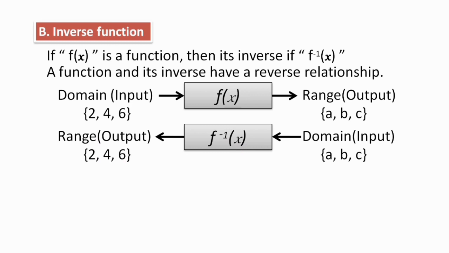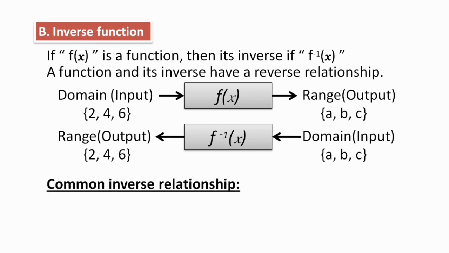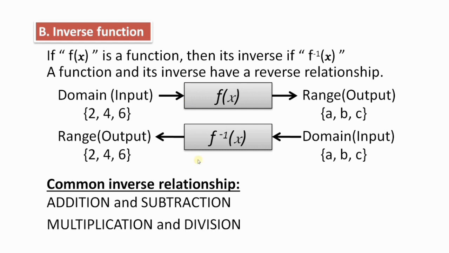So we have a series of inverse relationships, and some of the most common ones will be listed as addition and subtraction, and multiplication and division. For addition and subtraction, for instance, you have 5 plus 3, which equals 8. If 5 is the domain and the function is x plus 3, and you place 5 in the x plus 3, you are going to get 8, which will be the range.